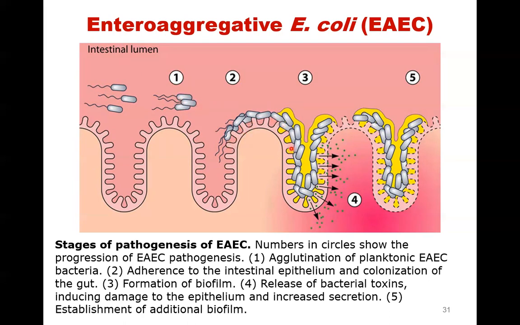They start to produce biofilms, okay, and release toxins. The toxins may eventually destroy the enterocyte. That's why you may have bloody diarrhea later on in the disease progression, okay? And then you have biofilm formation, which also can induce damage to the epithelium and increase secretion.